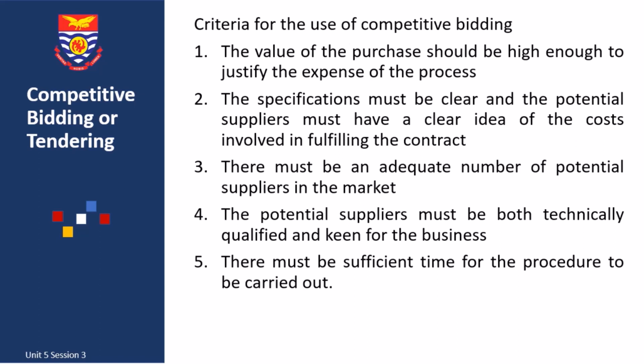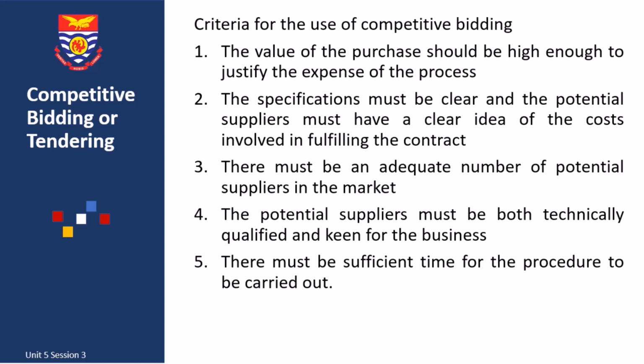The third criteria is that there must be an adequate number of potential suppliers in the market. Obviously, with competitive tendering, we are advertising to a whole lot of suppliers, right? We are trying to reach as many suppliers as we can in order to maximize competition, and in so doing, we incur a lot of cost and use a lot of resources.